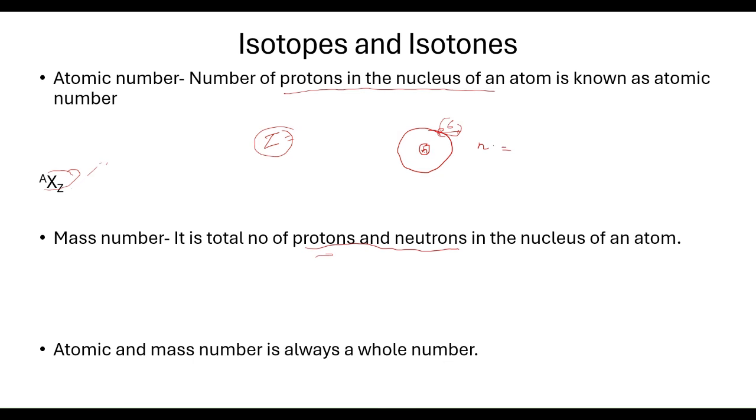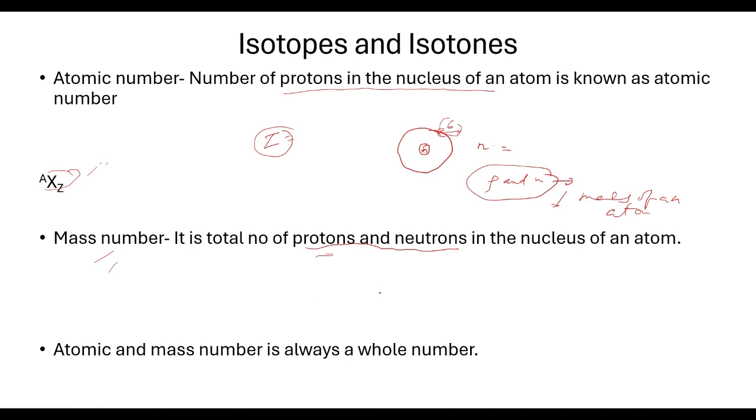Atoms can get positively charged, but there is also one important thing we have to remember: the weight of protons and neutrons are quite similar, and they contribute to the mass of an atom. So it is the count of protons and neutrons in the nucleus of an atom that is called mass number.